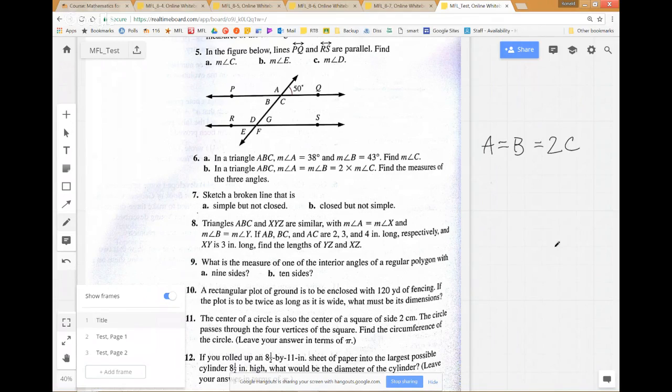So, A equals B, A equals 2C. And we want to find the measures of the 3 angles.